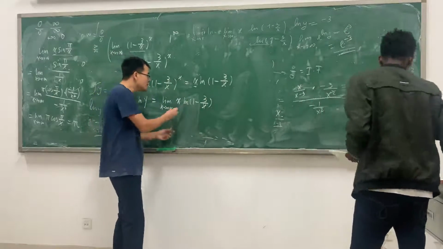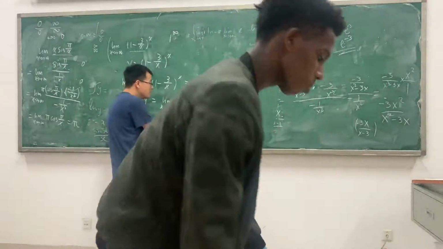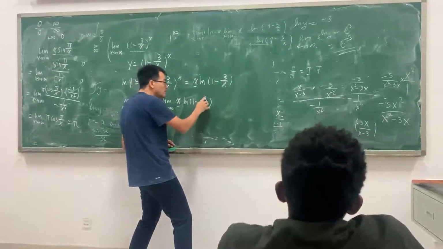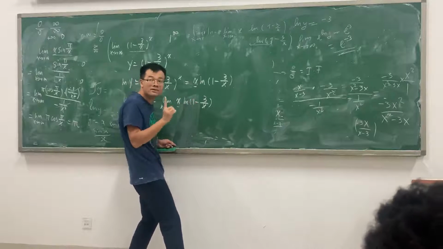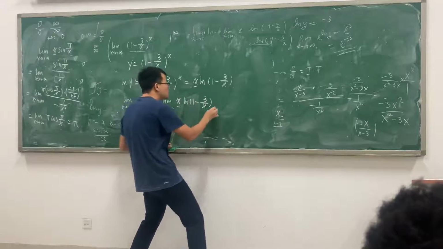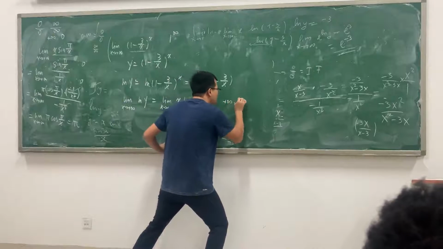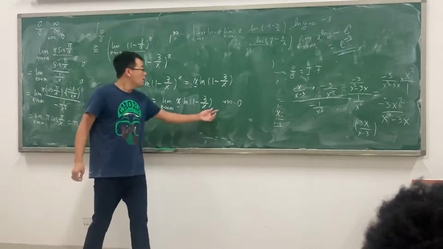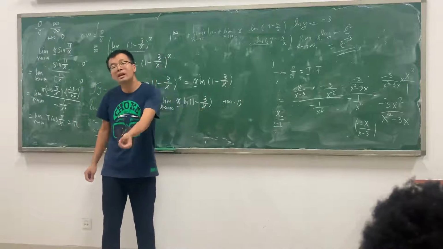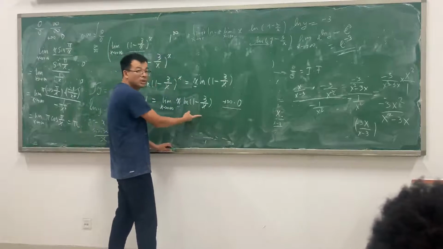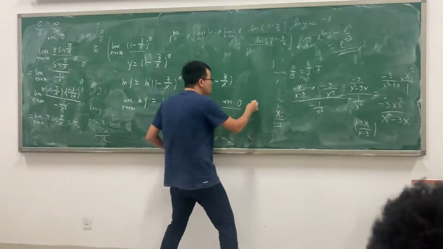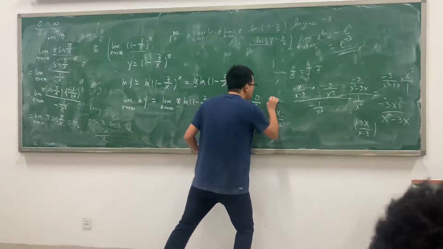So here this one is plus infinity, this one is plus infinity. This one, 3 by x is 0, 1 minus 0 is 1, ln 1 is 0. So here actually is plus infinity times 0. So how to do it? Transform it to 0 by 0 or infinity by infinity.